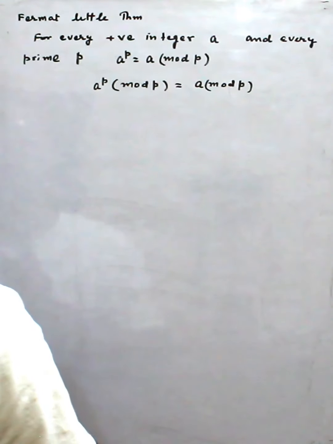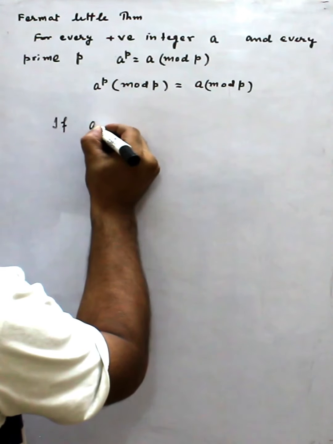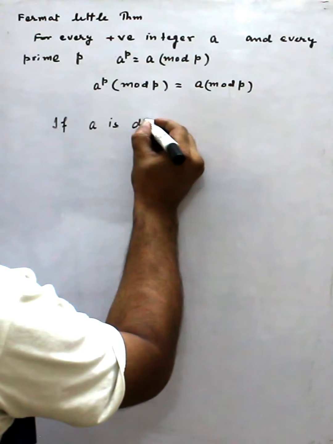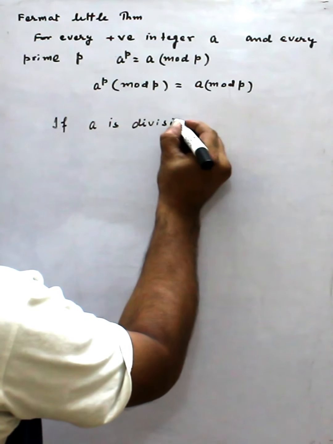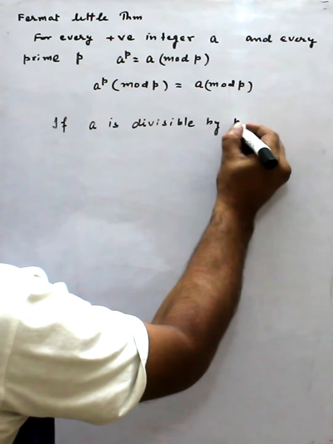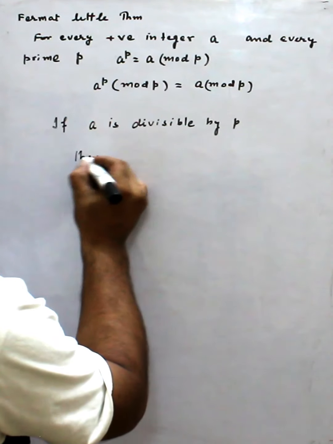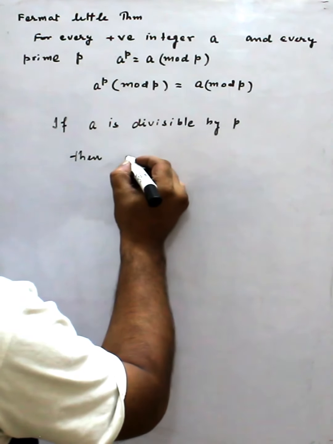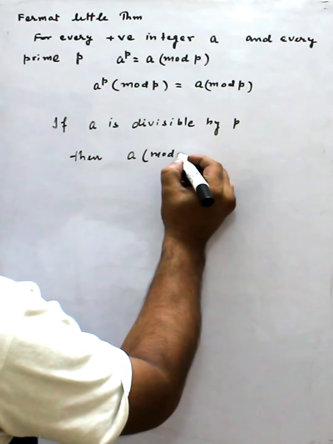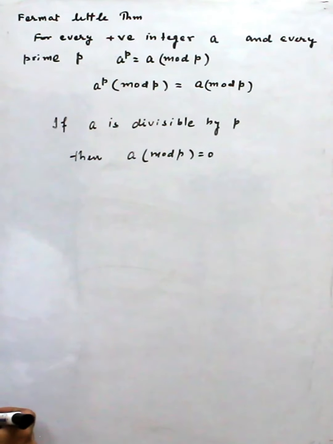If a is divisible by p, then a mod p is equal to 0, right?